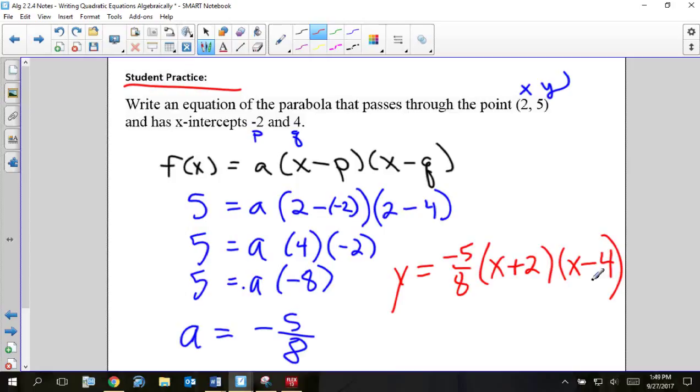So then that one you'd write as y equals. If it said write a function f, you'd write it as f of x.